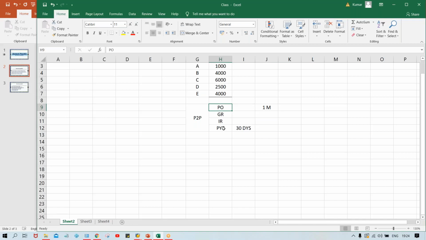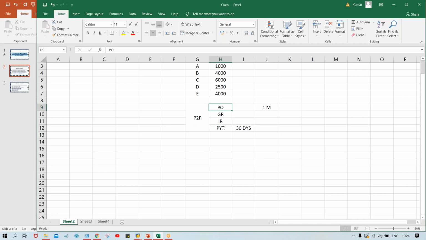For a particular plant, you will have multiple storage locations, right? So to which storage location is this raw material going to be supplied by the vendor? Multiple such details will be there in the purchase order that is raised, and based on that, the vendor is going to deliver you the goods.